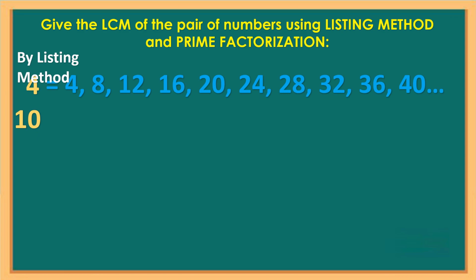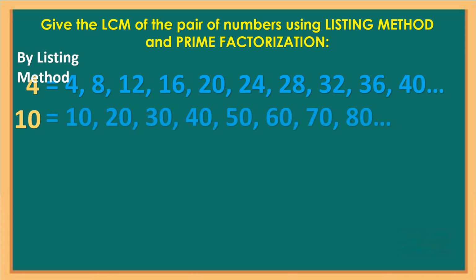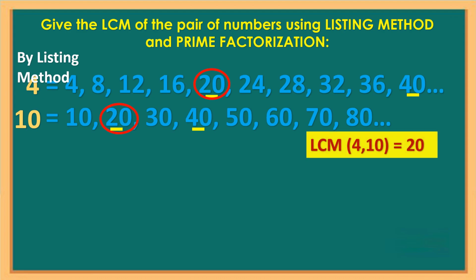So a number has infinite multiples. 10 has multiples of 10, 20, 30, 40, 50, 60, 70, 80, and so on. The common among these, as you can see, we have 20 and 40, but the least is 20. So the LCM of 4 and 10 is 20.